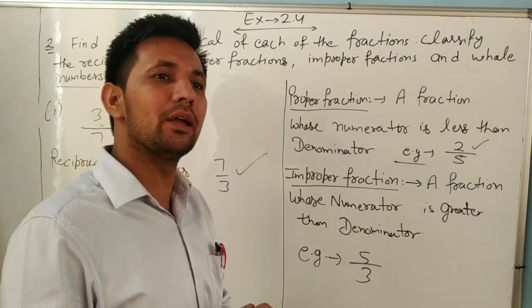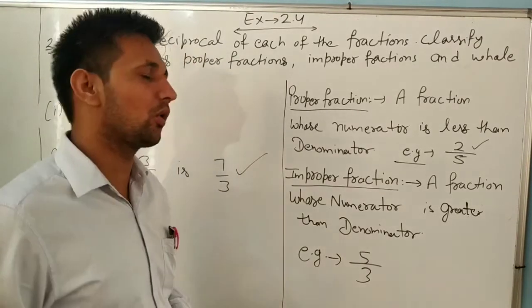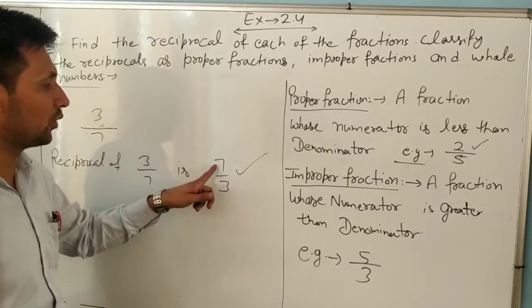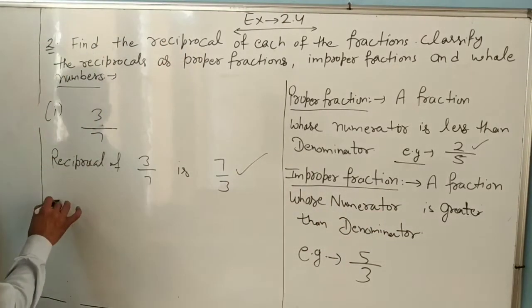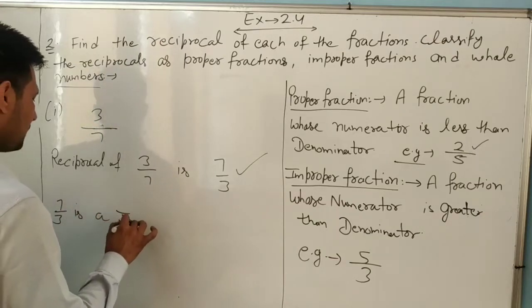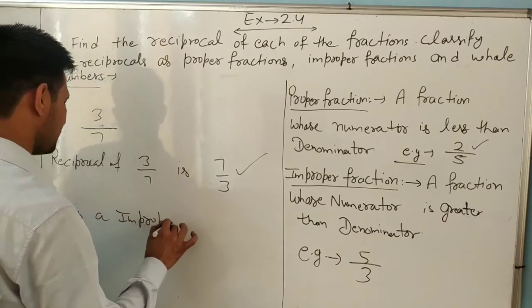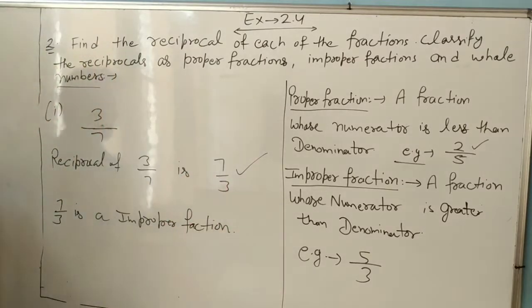What are whole numbers? Whole numbers start from 0: 0, 1, 2, 3, 4, all are whole numbers. So in 7 upon 3 the numerator is greater than the denominator. Therefore write, 7 upon 3 is an improper fraction.